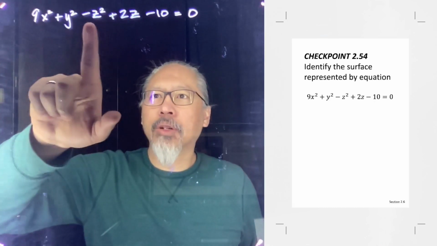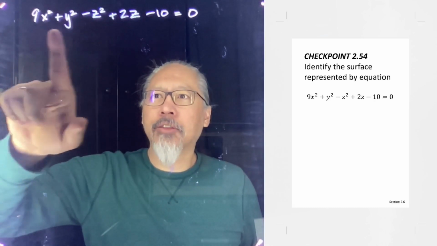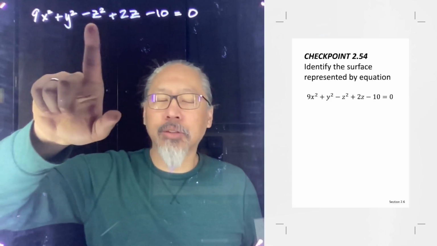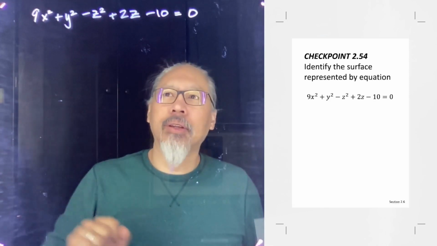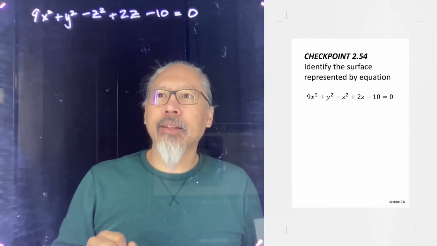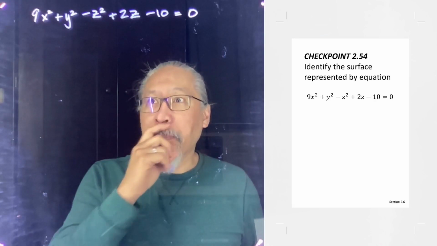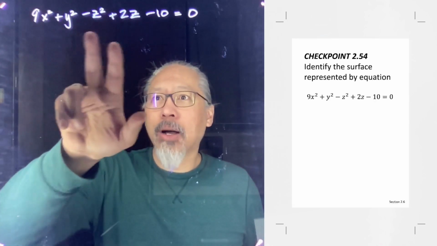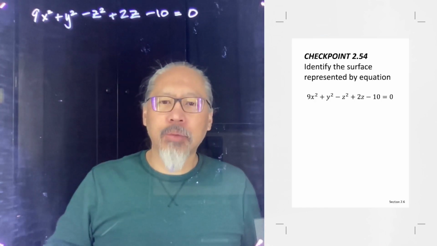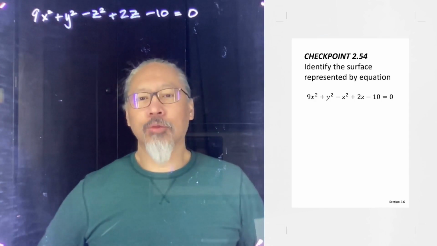And because one of the signs in front of the x squared, y squared, or z squared is negative, it's probably not going to be an ellipsoid, it's probably going to be a hyperboloid. And because two of them are positive and one is negative, it's probably going to be a hyperboloid of one sheet.